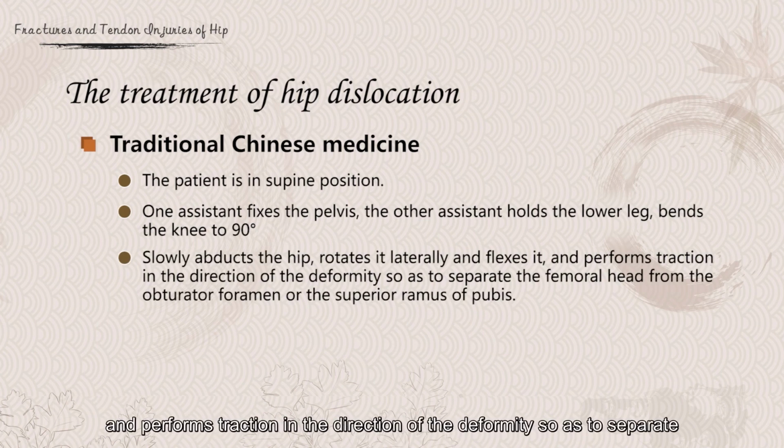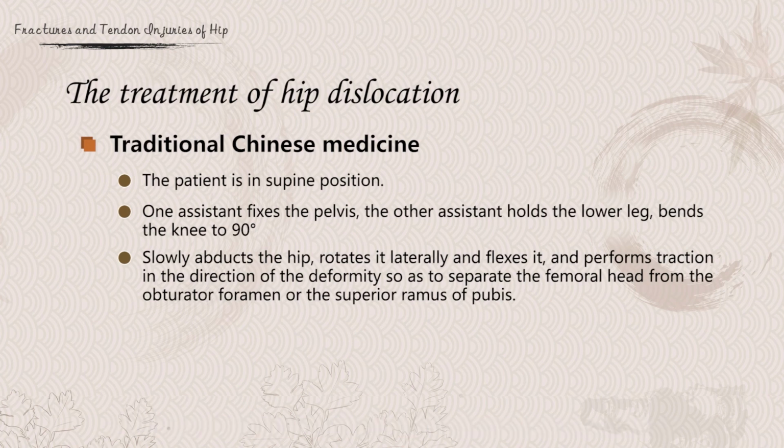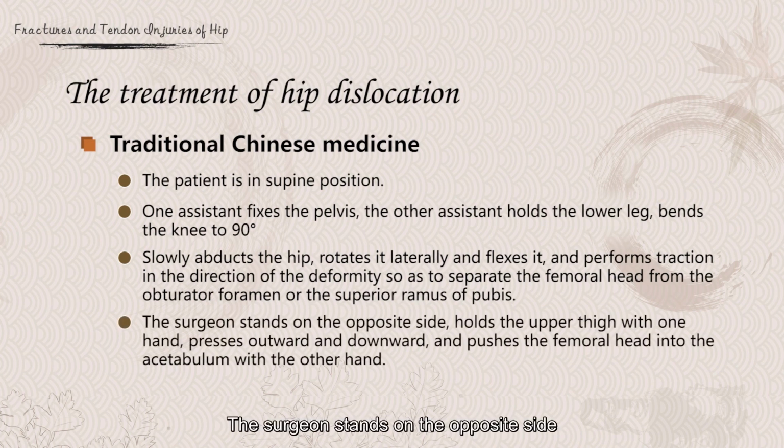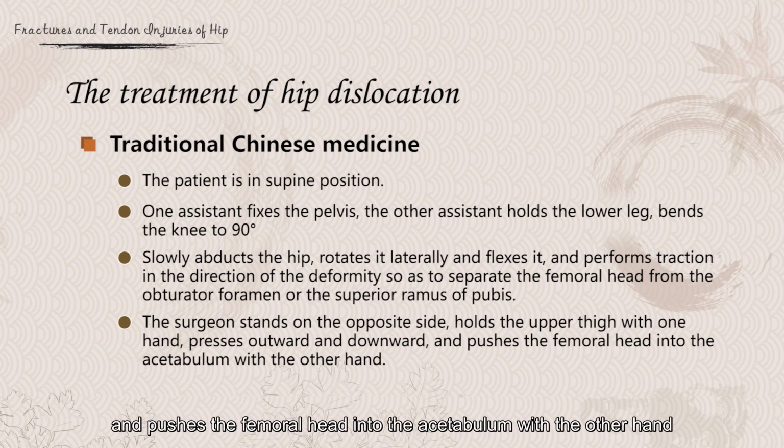The assistant performs traction in the direction of deformity so as to separate the femoral head from the obturator foramen and the superior ramus of the pelvis. The surgeon stands on the opposite side, holds the upper thigh with one hand, presses outward and downward, and pushes the femoral head into the acetabulum with the other hand.